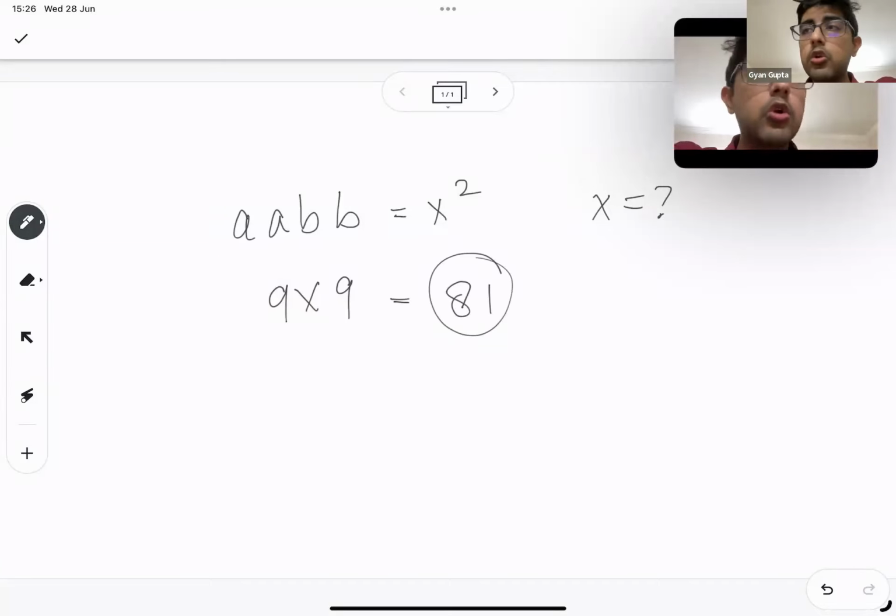Whoa, I'm not going to do a hit and trial for 81 possible solutions. Let's see how we can simplify it using just two concepts: divisibility rules and squares and square roots.